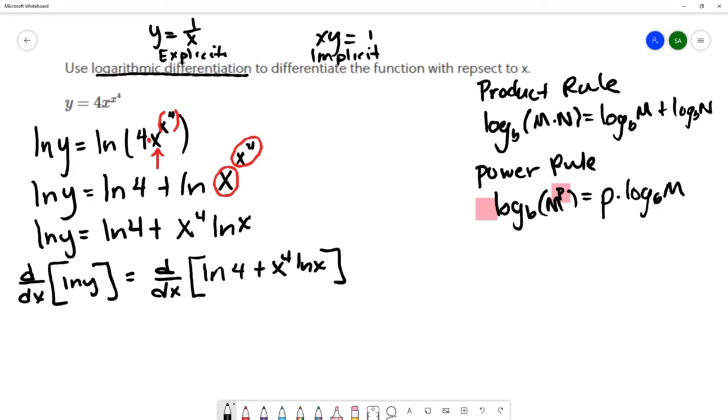And on the left, I'm going to follow the derivative rule for logarithms. So the derivative of natural log of u is u prime over u. This is the rule that I'm following. And so the derivative with respect to x of natural log y is y prime over y.